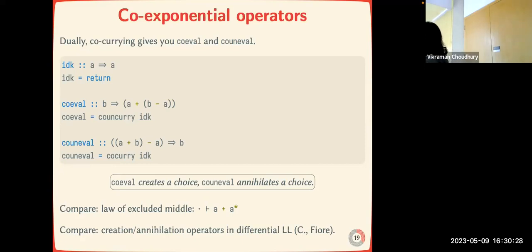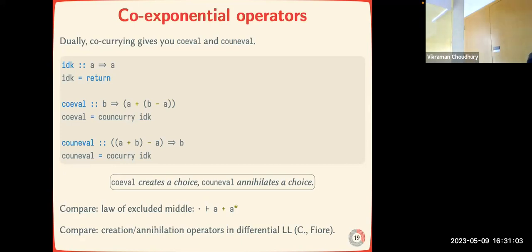But this is like a more general version of excluded middle, where you have the B; if the B wasn't there, it would be A plus minus A. Phil Wadler has this story about how you're making a deal with the devil when you do these kinds of things, and there's also an interesting story here with the B. And if you know about models of differential linear logic, there are these creation annihilation operators, and these are similar to those, but there's no linearity here. It's all just continuations.